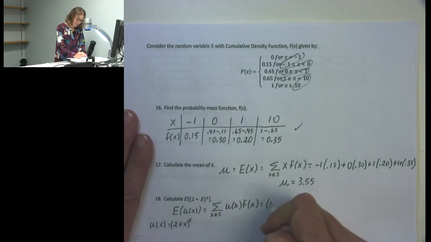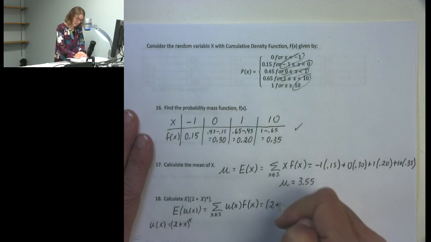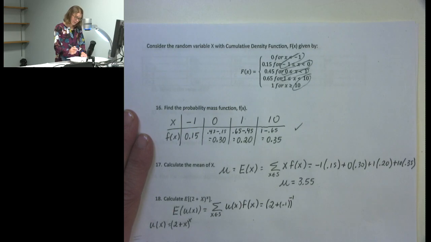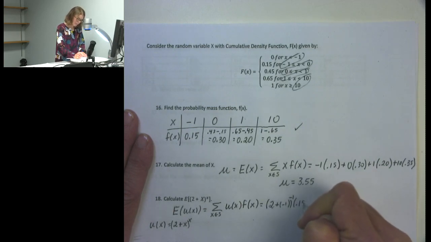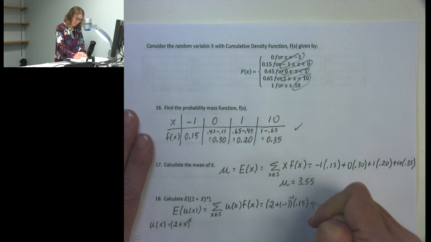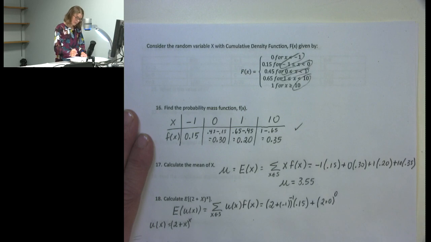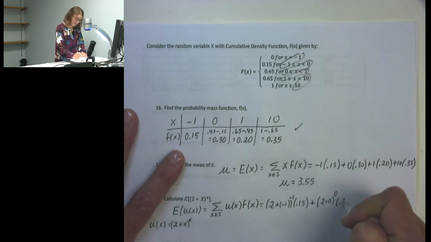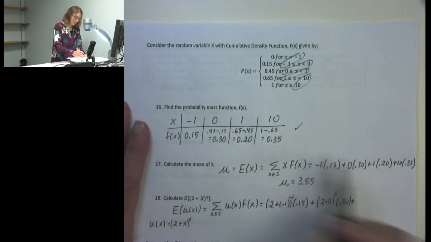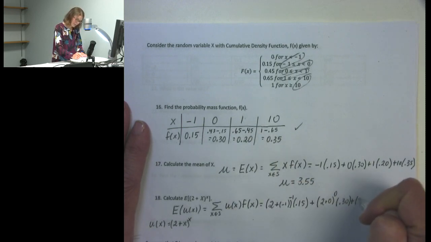So I've got 2 plus my first value, -1 to the -1 power, times 0.15, the probability that x is -1, plus 2 plus 0 to the 0 power, here I'm plugging in x equals 0, times f of x, plus, for x equals 1, I've got 2 plus 1 to the first power times that probability.